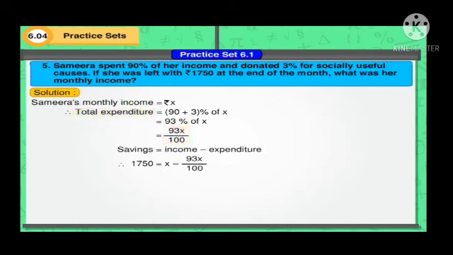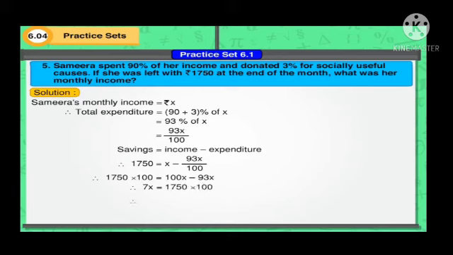Now multiplying both sides by 100, we get 1,750 into 100 equal to 100x minus 93x. Therefore, 100x minus 93x is 7x equal to 1750 into 100.